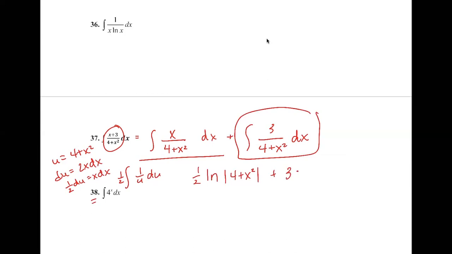What would our a value be? 2, so it's 1 over 2 arctan. Then it's u over a. What would our u be? X. So it would be x over 2. And then we need what? Plus c. And that whole thing would be our answer.